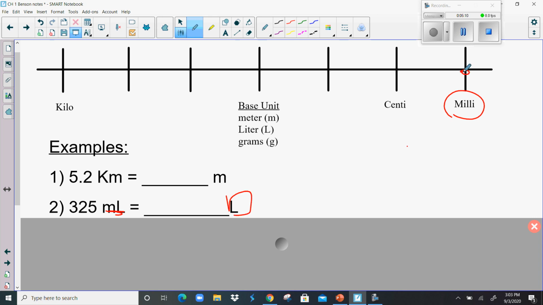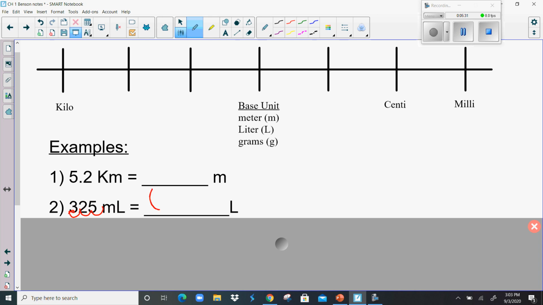So here's my spot. I start on the number line with what's given. This is given to me, 325. So I go 1, 2, 3 to the left. So I move my decimal 3 to the left. I sort of made a mess over here. So 3 to the left, 1, 2, 3.